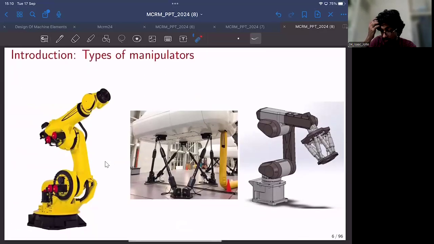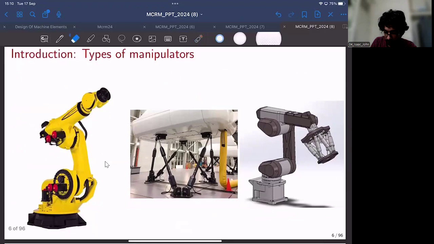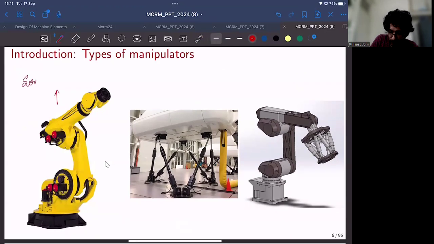And again, we have also seen the types of manipulators. The one at the far left extreme of this slide, we can call a serial manipulator. The reason for it being called a serial manipulator is that the manipulator essentially consists of a series of links, which are connected one after the other, like a series of bodies, using actuators.